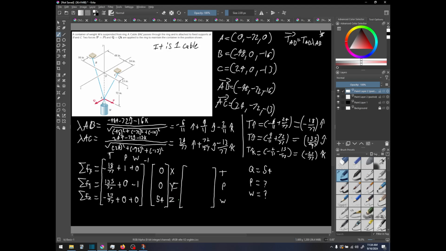We have 135 over 77. Next one's 0, minus 1. The last one is negative 27 over 77. Followed up with 2 zeros. Go to matrix, do the next vector. This one's a 3 by 1. It's going to be 0, 0, and 54.